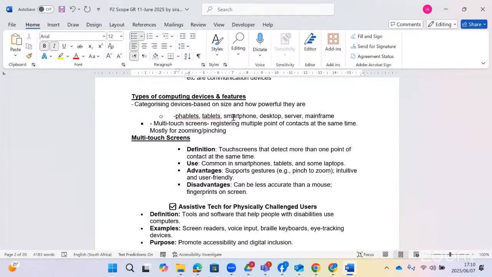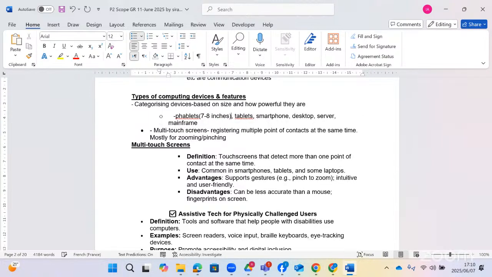Different devices, categorizing them based on the size or based on how powerful they are. Example is phablets, which is the smaller type of tablet in between smartphone and tablet, mostly 7 to 8 inches. That's the screen.